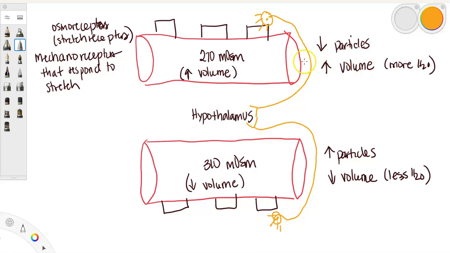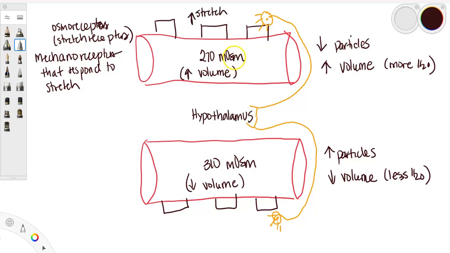So what's going to be felt here? Well, you should be saying that it's going to feel stretch because we've got more volume, we've got more water in there, and it's pressing on the walls of this vessel. So it's going to feel the stretch, and the stretch is going to detect that volume.